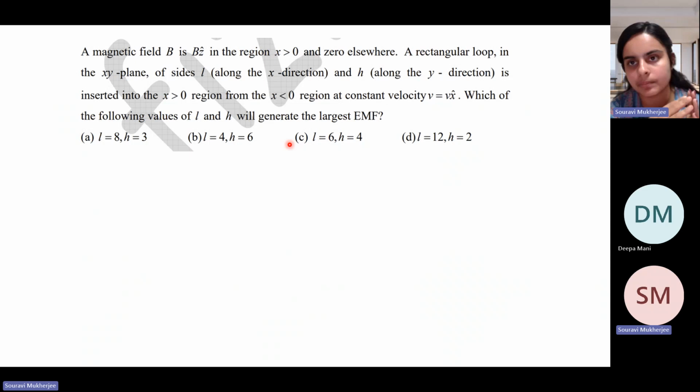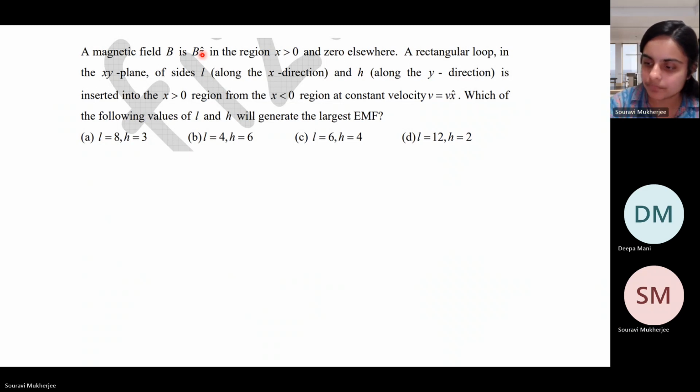You have a rectangular loop with some dimension along x, some dimension along y, and your velocity is along x. You are bringing the coil into your magnetic field region, and the magnetic field is along z. Which of the following values of L and H will generate the largest EMF? Any idea how to address the question?